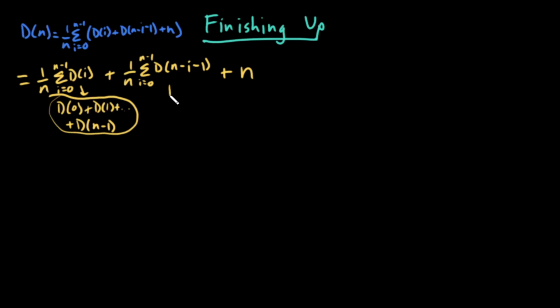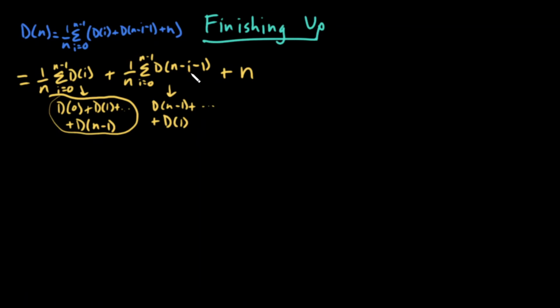Versus this sum here, where the first value, at i equals 0, is d of n minus 1, plus a bunch of stuff, plus, when i equals n minus 2, d of 1.